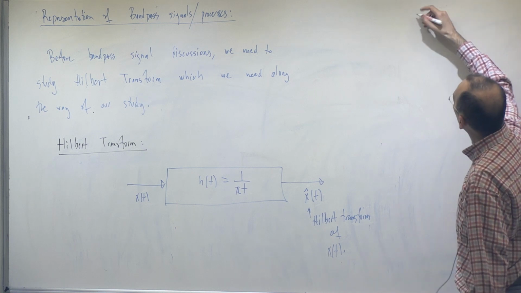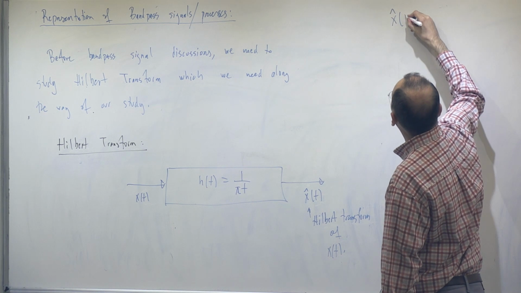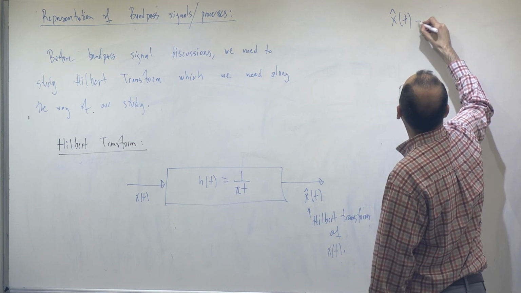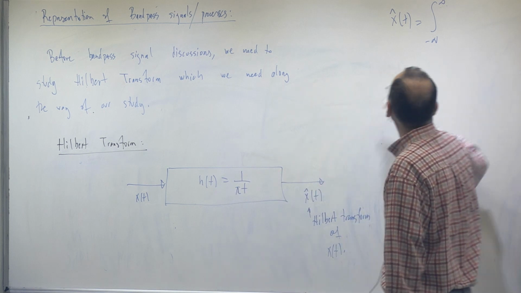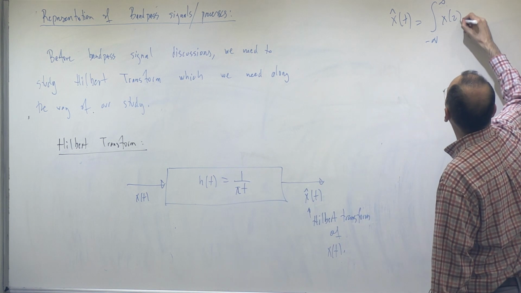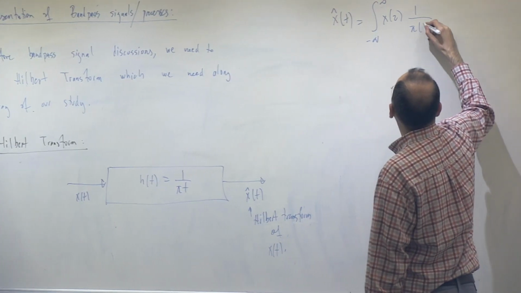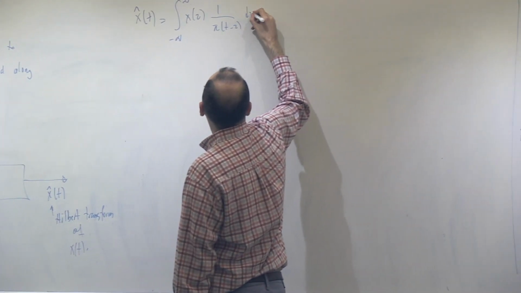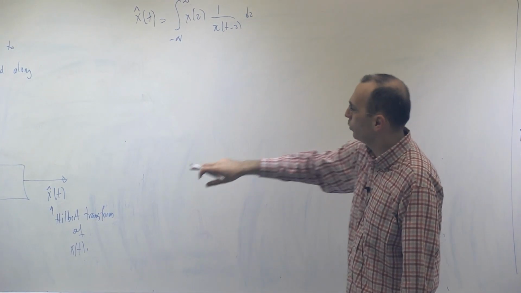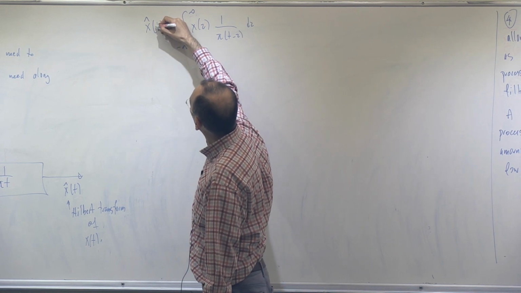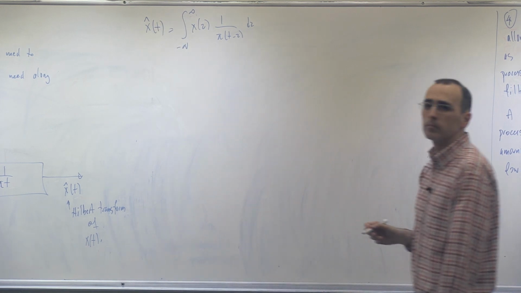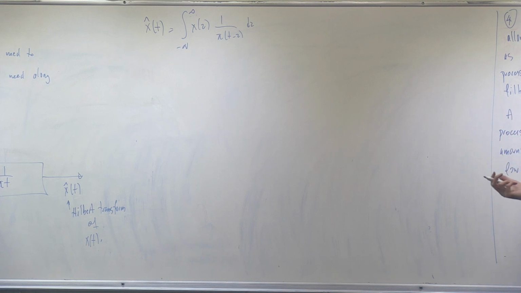But let me first write this relation. Output is equal to the convolution of the input with the impulse response. Am I right? That is it.